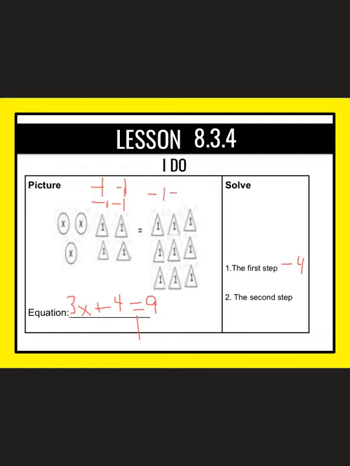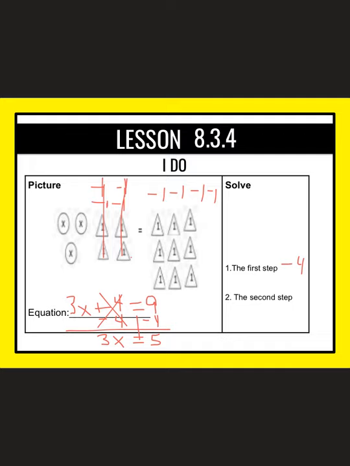Because remember, this gives me 0 pairs. So negative 4, or minus 4, gives me 0 pairs. And this gives me 3 times a number equals 9 minus 4, which is equal to 5. Okay?